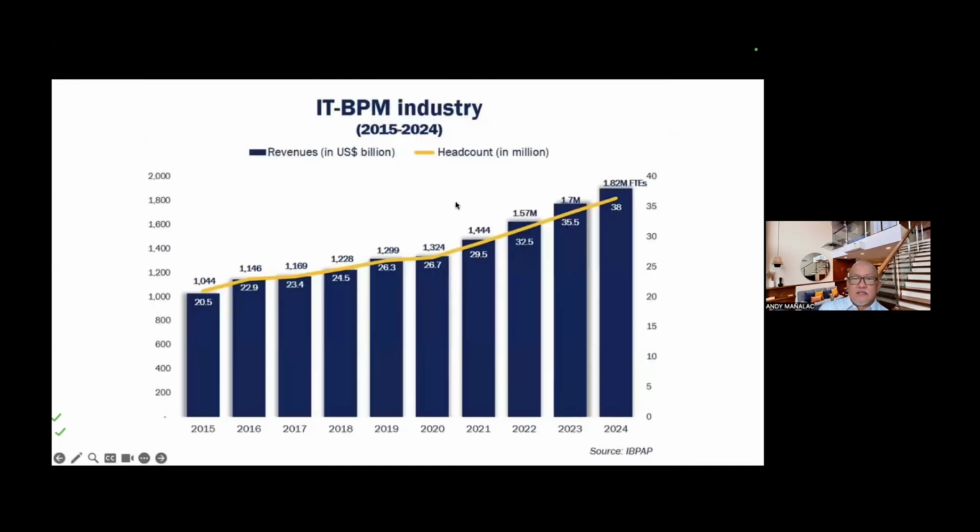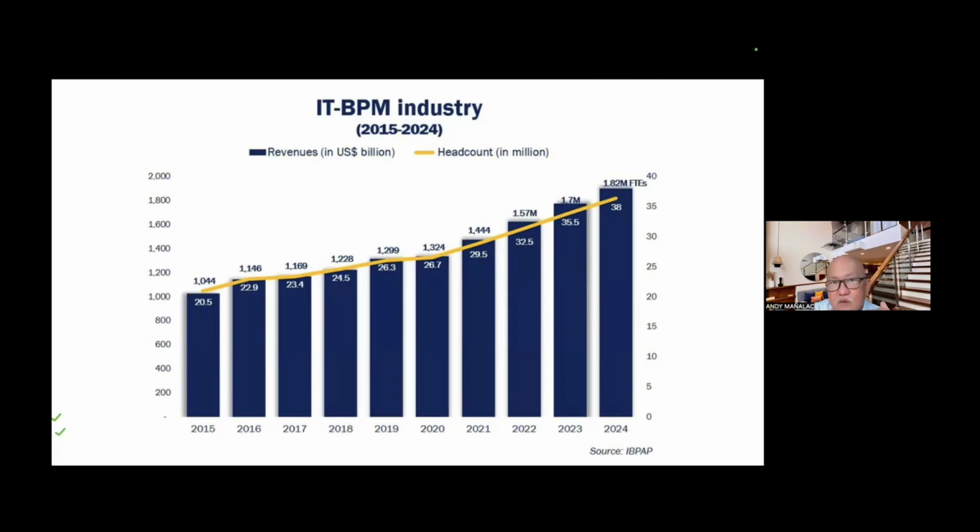Another market is the BPO workforce. They've grown consistently. If you noticed, even during 2020, there was a super slight dip. It did not go negative, but they still grew, at a lower pace.